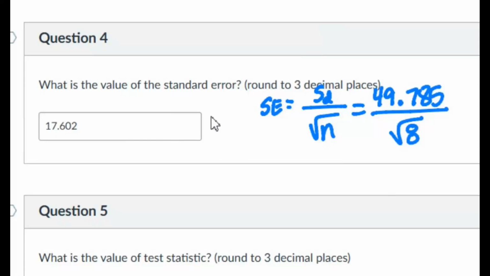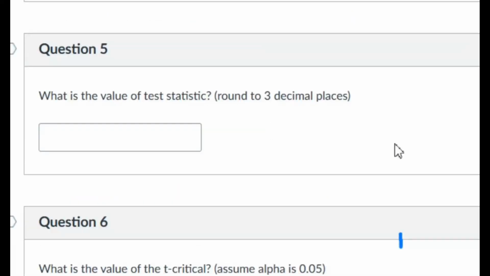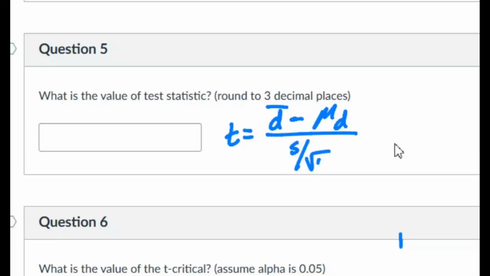Okay, so now we'll scroll down. The test statistic is next. So the test statistic is t equals the sample mean minus the null divided by standard error.